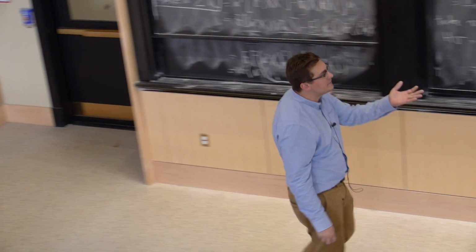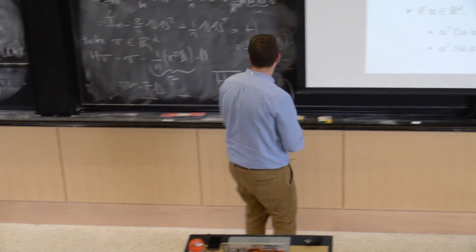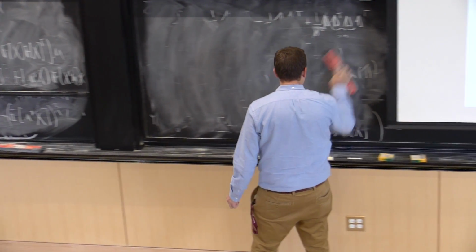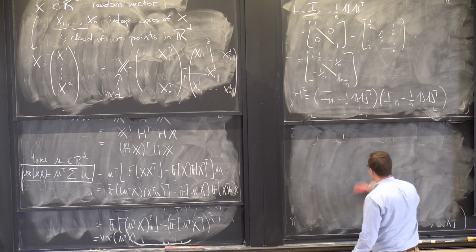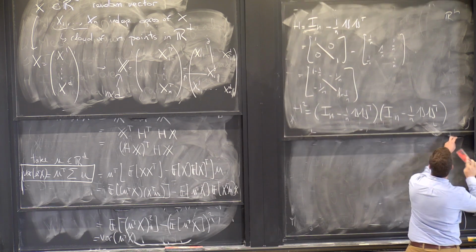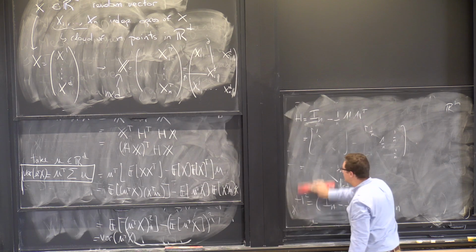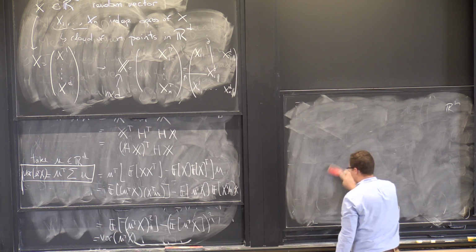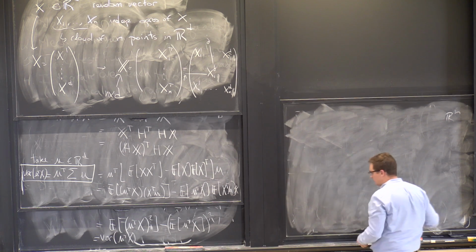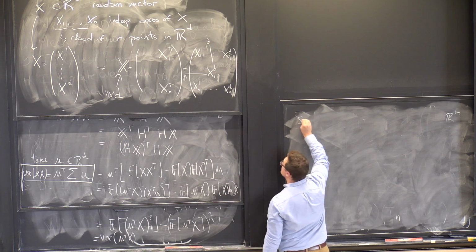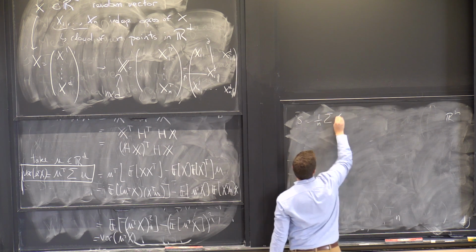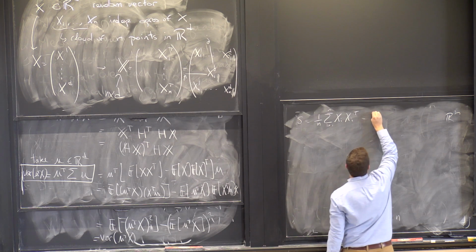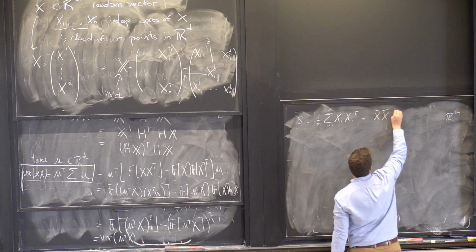Now, I can do the same thing for the sample variance. So let's do this. And as you can see, spoiler alert, this is going to be the sample variance. Okay, so remember S is 1 over n sum of (xi minus x bar)(xi minus x bar) transpose.